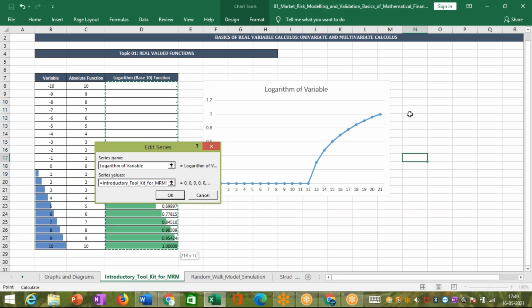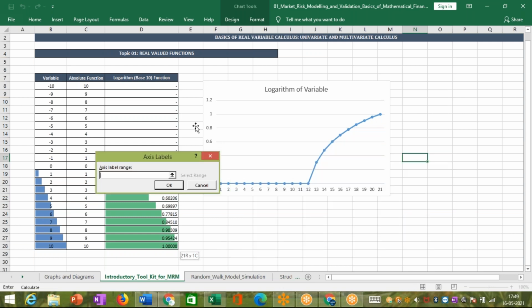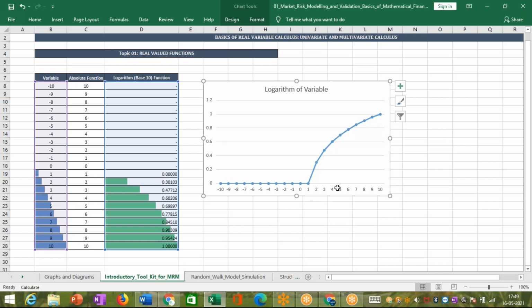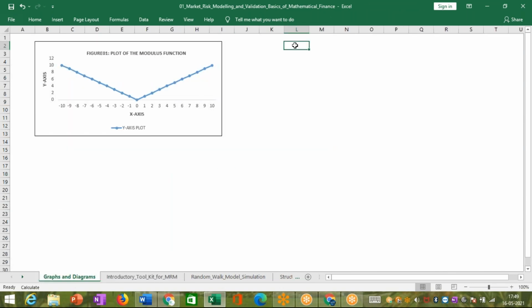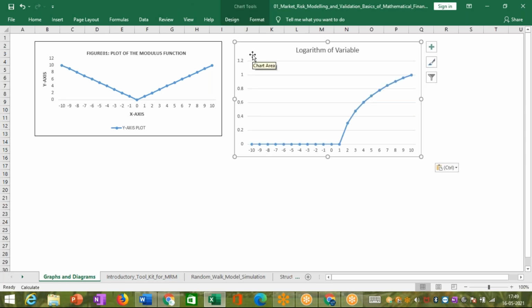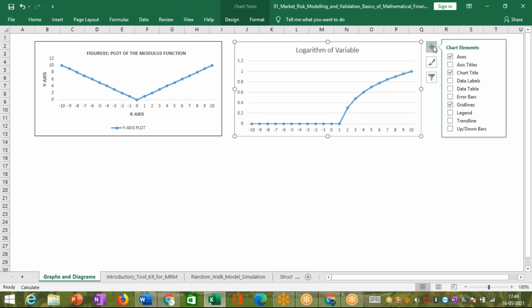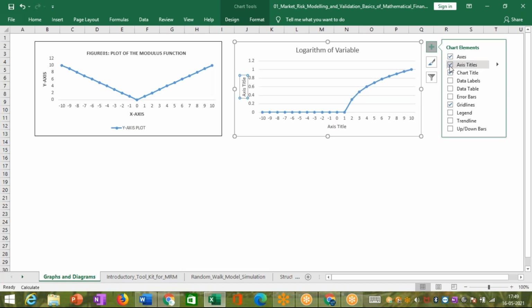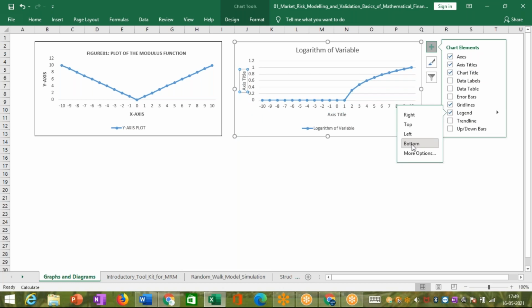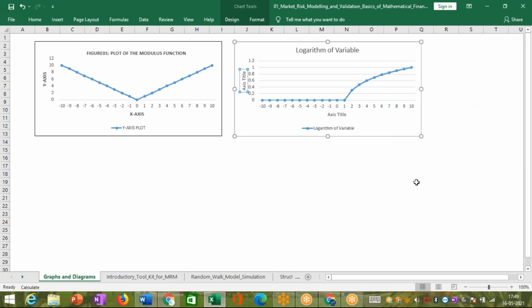So over here, this comes out, and this is how the graph looks. I'll put this over here.